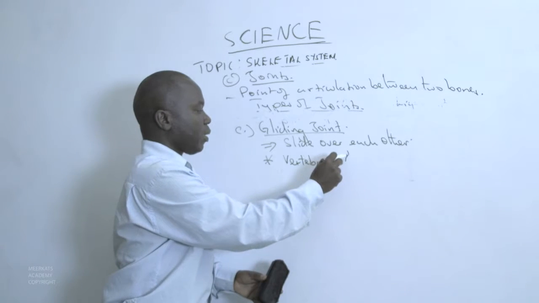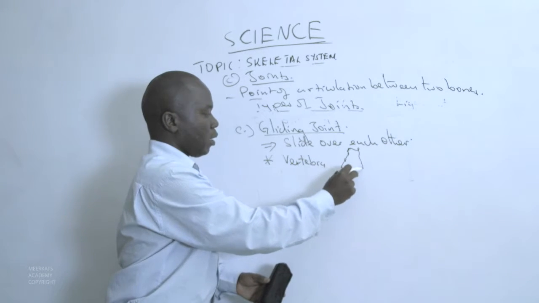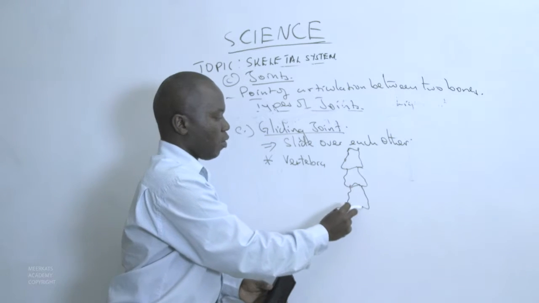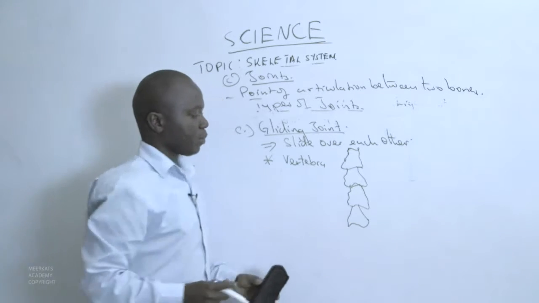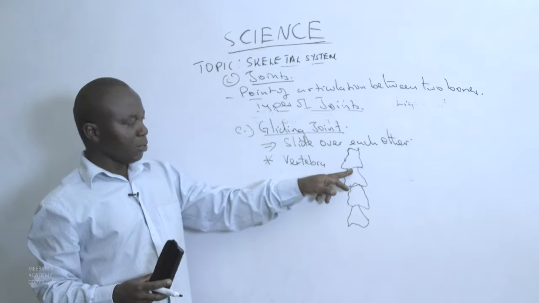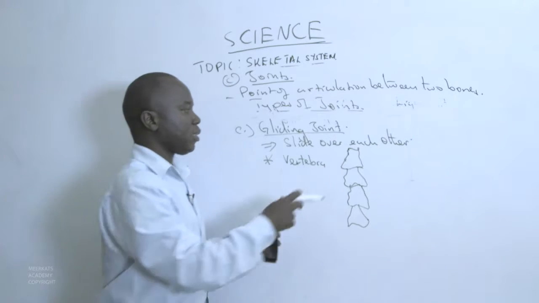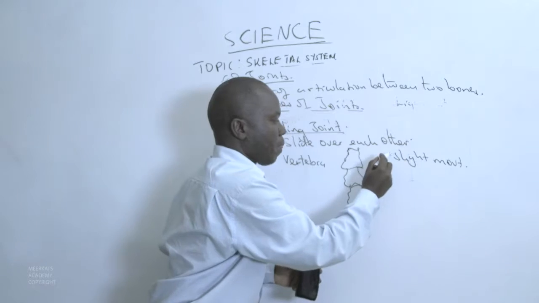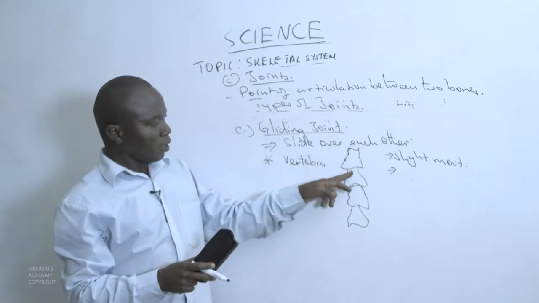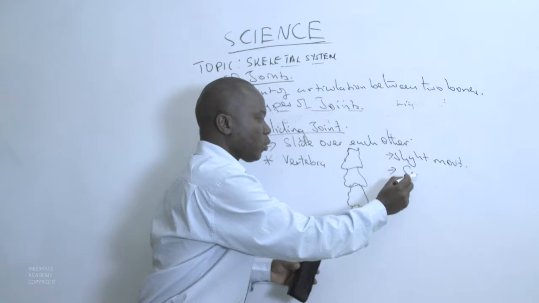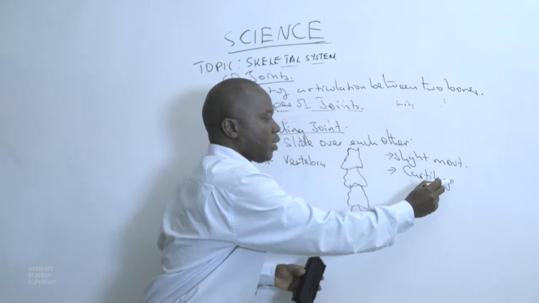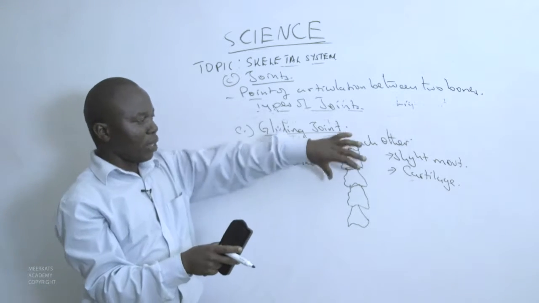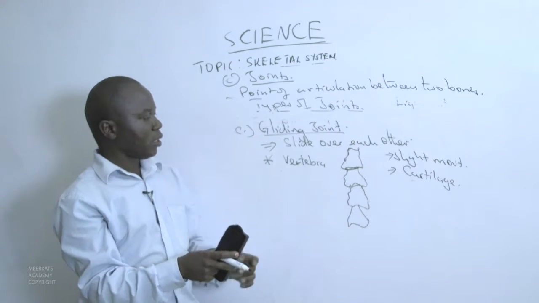If this is one vertebra and another vertebra of the vertebral column, the backbone, there is no great movement. There's slight movement. But this slight movement is due to what we have already mentioned, the cartilage. There is a cartilage in between to allow slight movement of these bones.